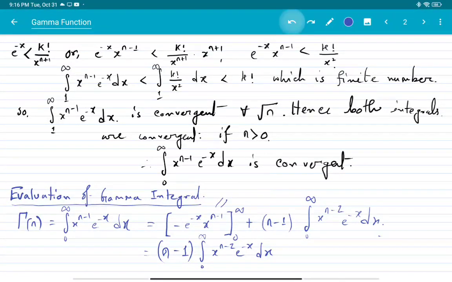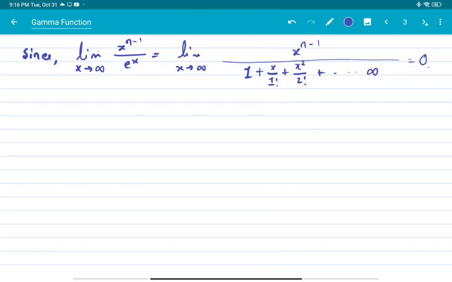Okay, so now here we can again write gamma of n equals n minus 1, and as per the gamma setup it could be written as gamma of n minus 1.